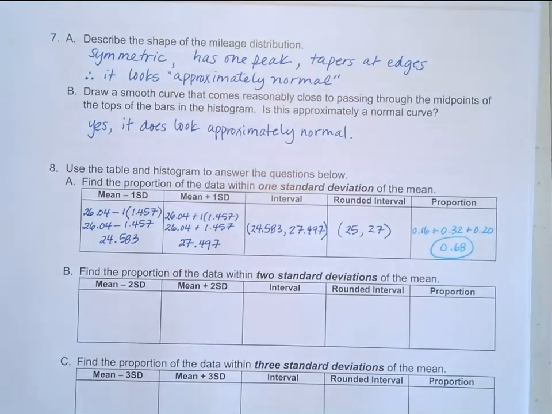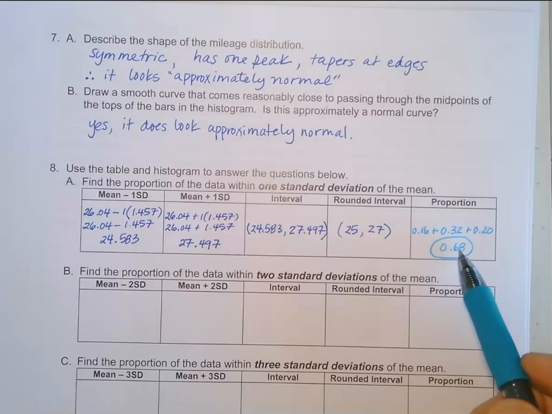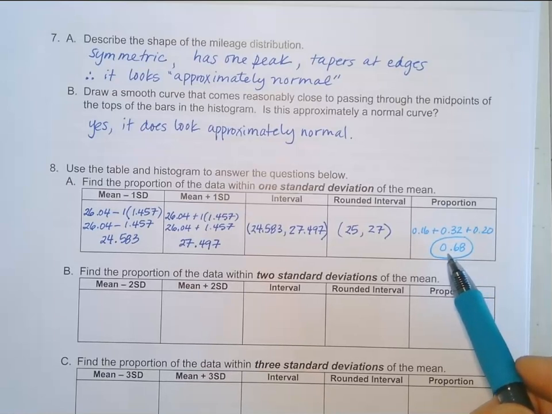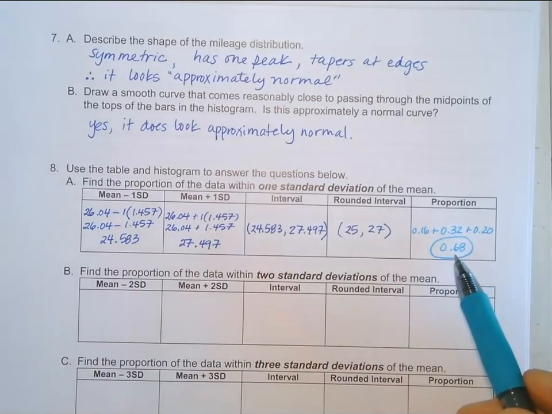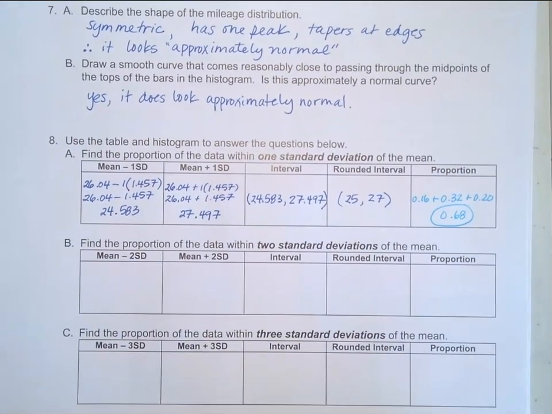And it turns out that if you go out 1 standard deviation from the mean in both directions, about 68% of the data needs to be between them if it's a normal curve. So this is looking pretty good, isn't it? Okay, are we good with the first one? Can we go to the second one?